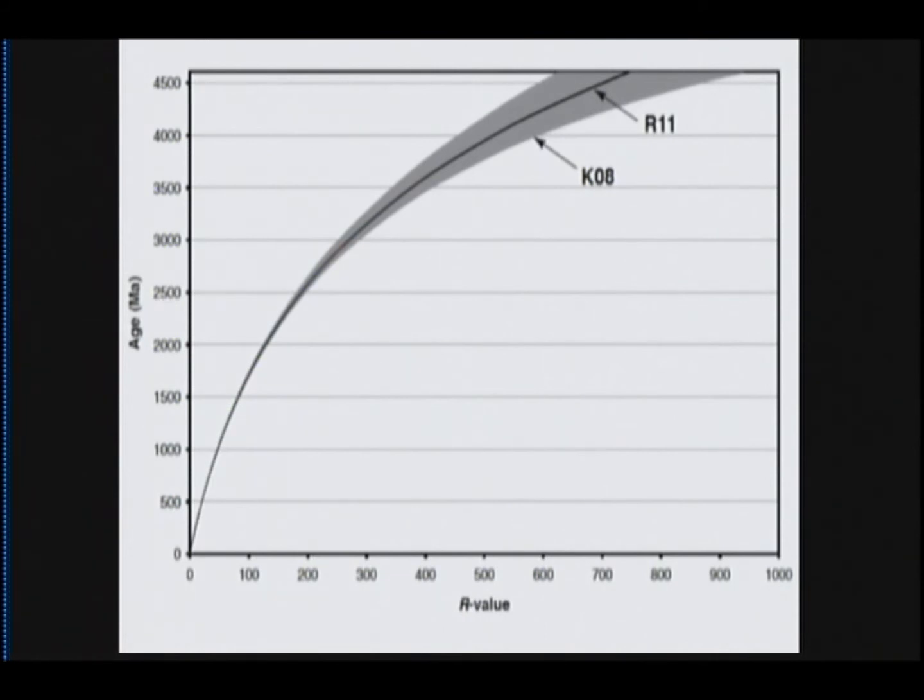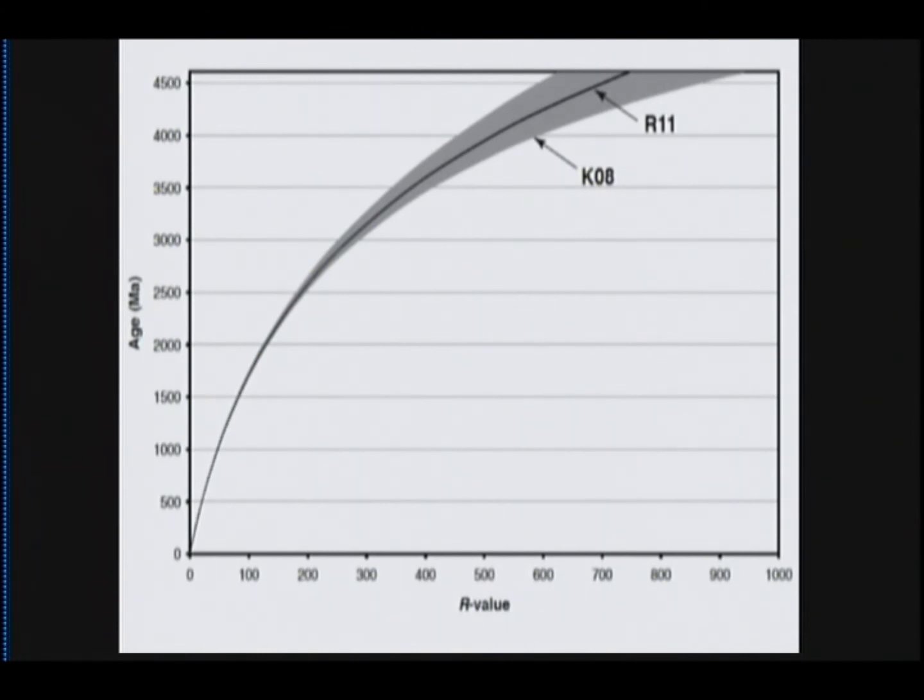So that's the R value of any sample relative to Fish Canyon Sanidine. And the width of these curves is a measure of the uncertainty, the error, if you like. I prefer to call it uncertainty. And you can see that these two calibrations result in very, very similar ages.